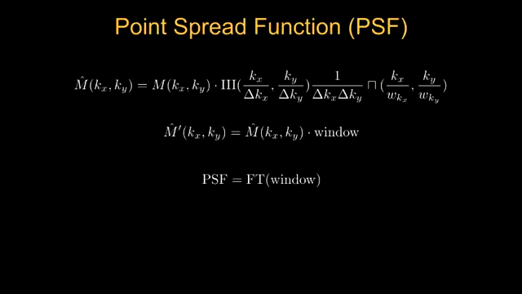You can multiply whatever you want, here some windowing function, that's purely your decision. But you need to understand the trade-off, so apply the Fourier transform of that windowing function. It's called the point spread function. The point spread function is the way to assess the trade-off of the windowing function or whatever manipulation of the K-space data.